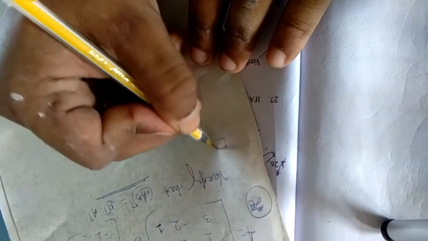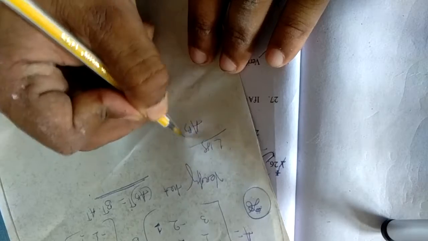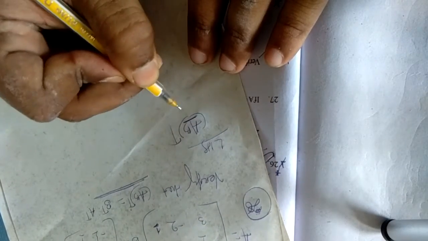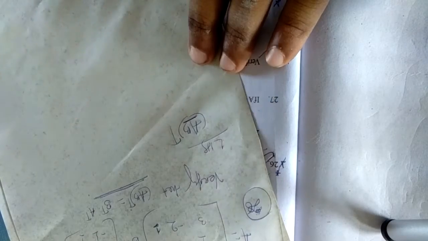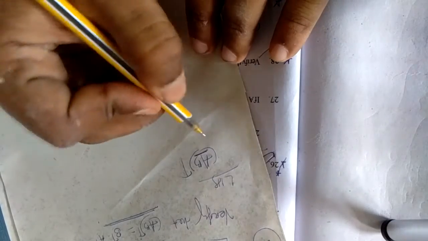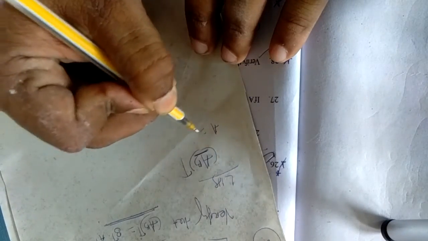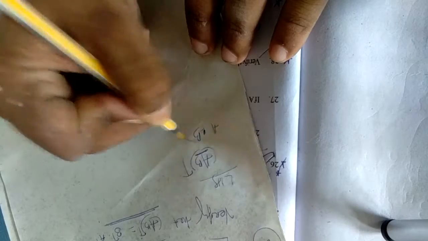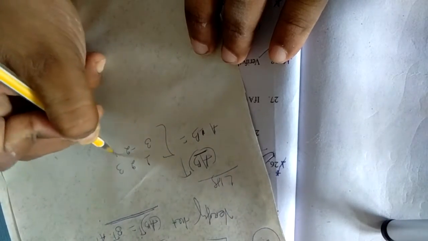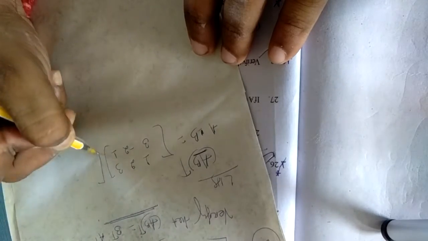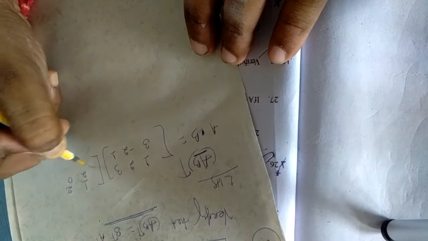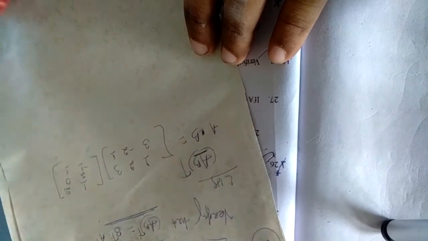Taking the LHS first, (AB) transpose, we first find the AB matrix. AB means matrix multiplication of A into B, then we find the transpose of that matrix. A matrix is 1 2 3, 3 minus 2 1, into B matrix 1 2, 2 0, minus 1 1.